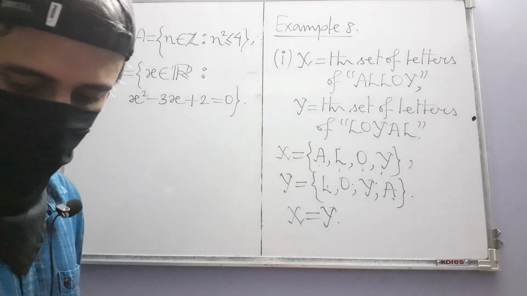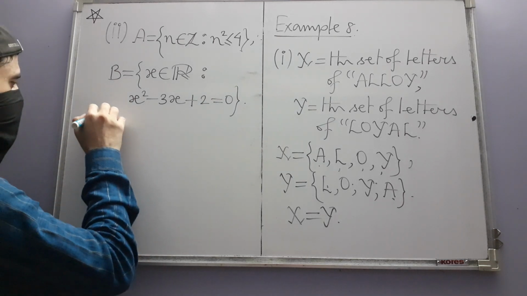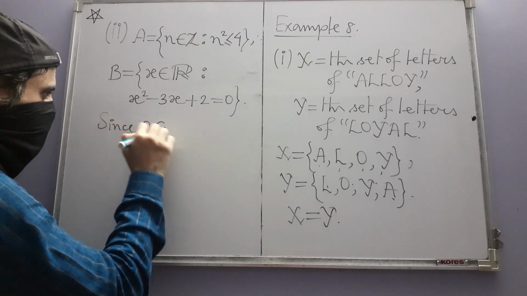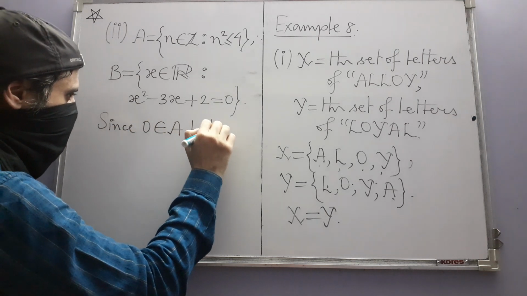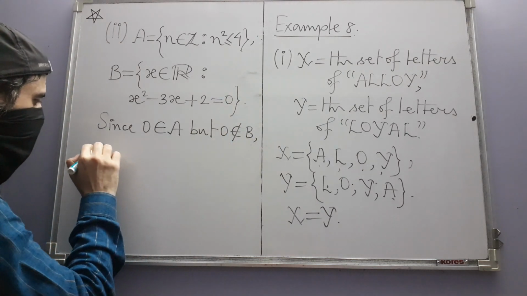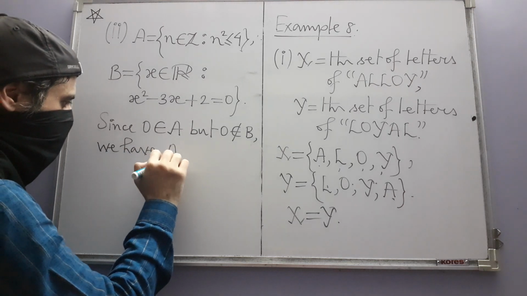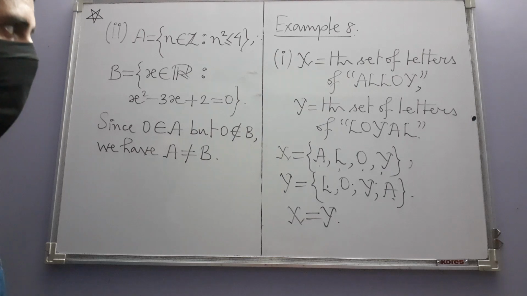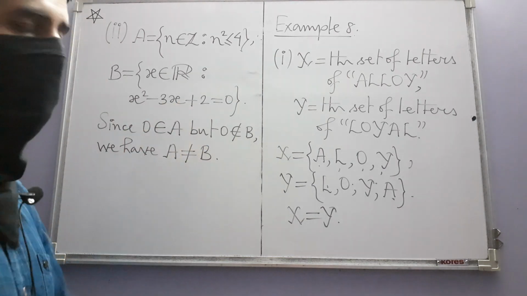For example, if you think about it, you may notice this fact. Since 0 belongs to A, but 0 does not belong to B, we have A not equal to B. Just to decide that the sets are not equal, this much is enough.